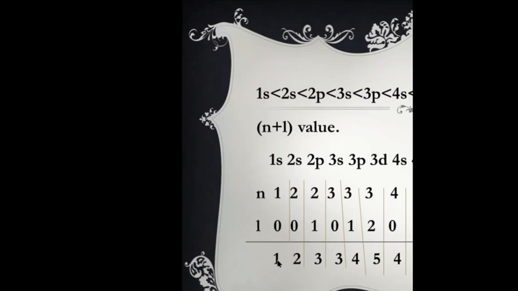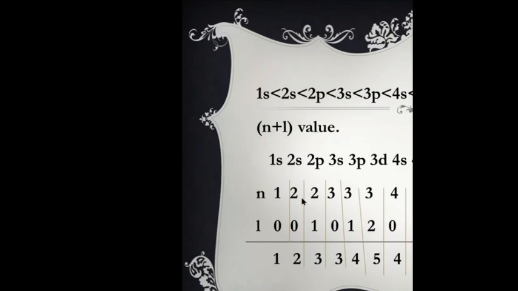Now you see 1s, so this is your first orbital. We have to go from the lower energy orbital to the higher energy. So 1s, then next is 2s. 1s is lesser than 2s. Next is 3. Here, both have the same number.